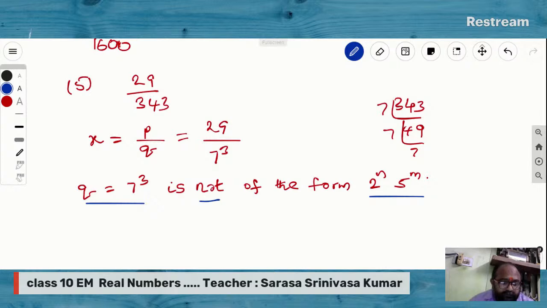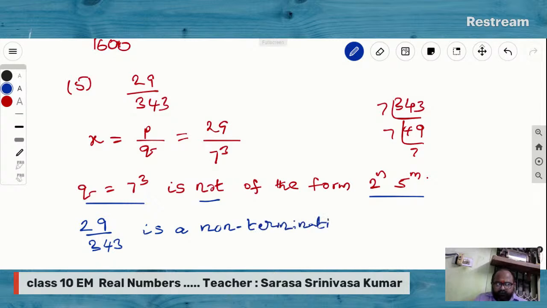Therefore, 29 by 343 is a non-terminating recurring decimal. 29 by 343 has a non-terminating recurring decimal form.